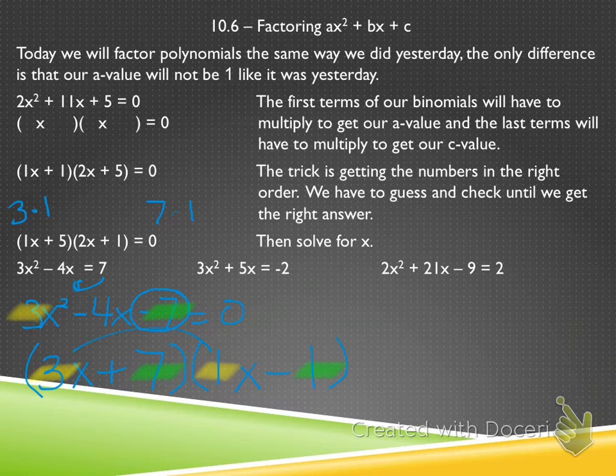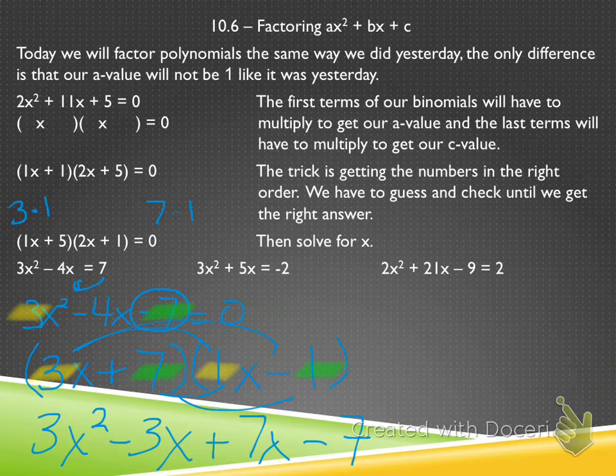When I do this, again, I do the crab claw to multiply and check it. 3x times 1x gives me 3x squared, plus, that's actually minus 3x because it's 3x times negative 1, plus 7x minus 7. Combine these like terms, and so I get 3x squared plus 4x minus 7.